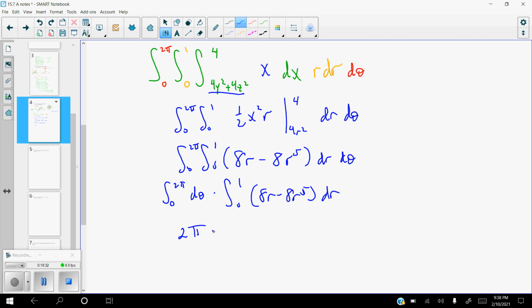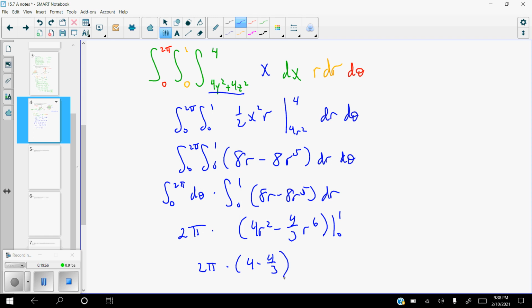Let's see. The other one here is going to be antiderivative of 8r is 4r squared minus, let's see, it's going to be 8/6, which is 4/3 r to the 6th. And we'll evaluate that from 0 to 1. So we get 2 pi times. Plugging the 1 in is going to give me 4 minus 4/3.